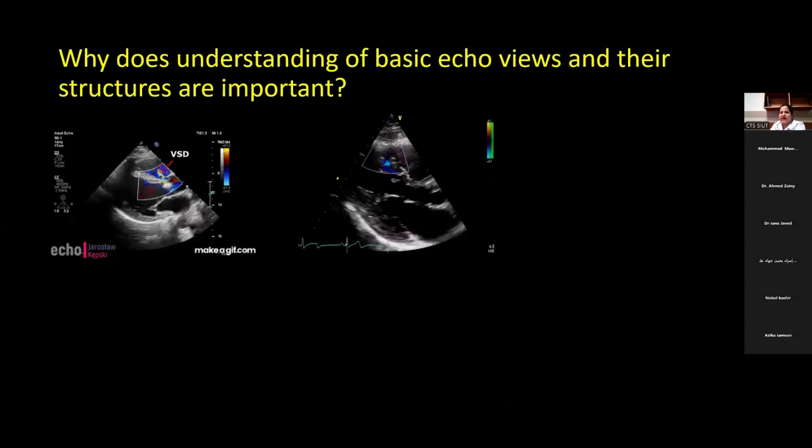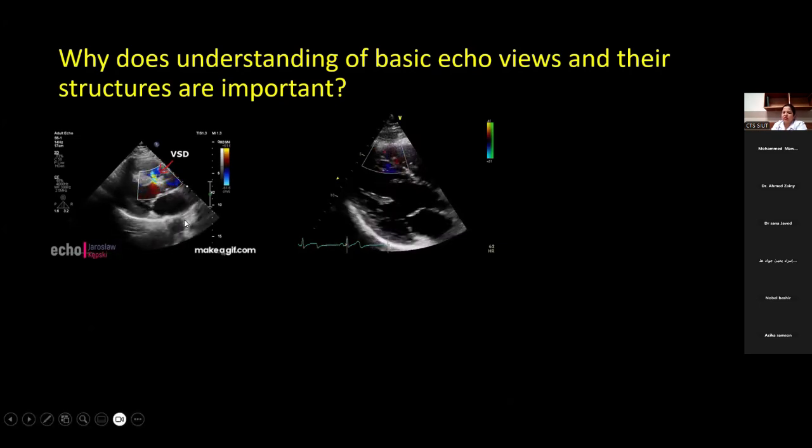Now, why is understanding of the basic echo views and structures important? I have walked you through all the basic images, so you know what the basic images are. If you have the idea of what is normal, then you can easily identify what is abnormal. Now, this is not a very good or clear view, but still you can identify this is the parasternal long axis view, and this is the LA, LV, and here is the interventricular septum.